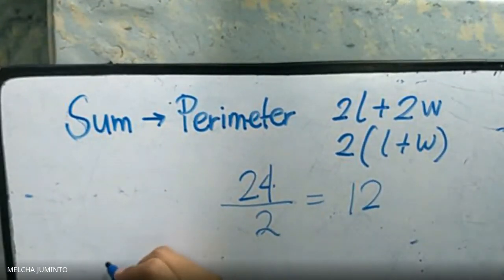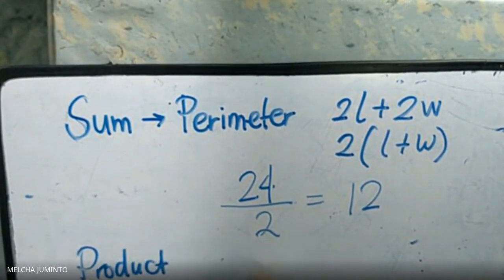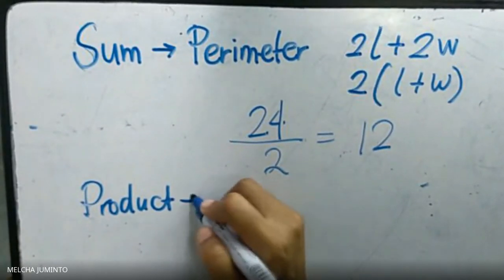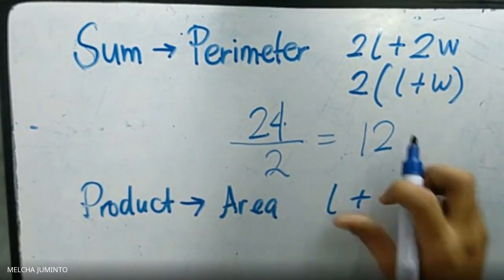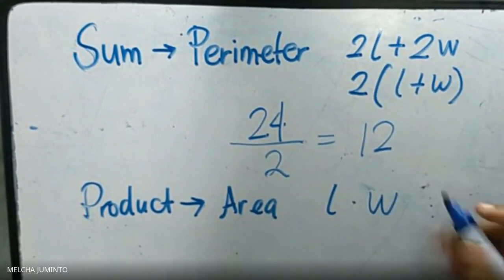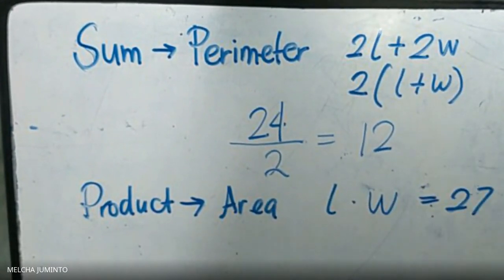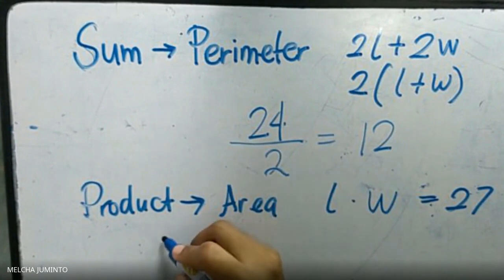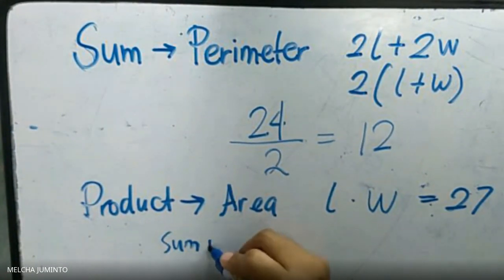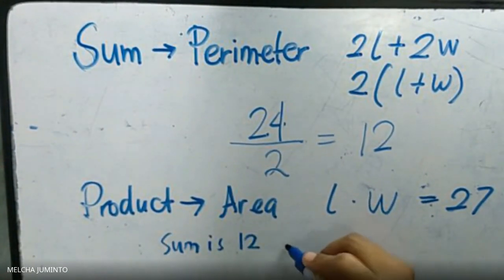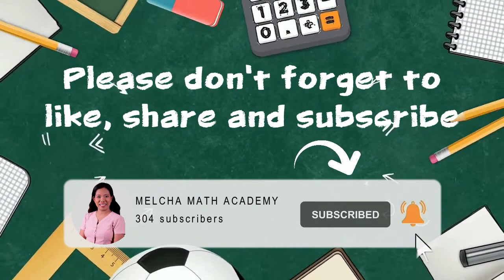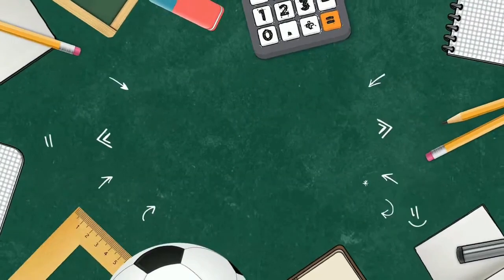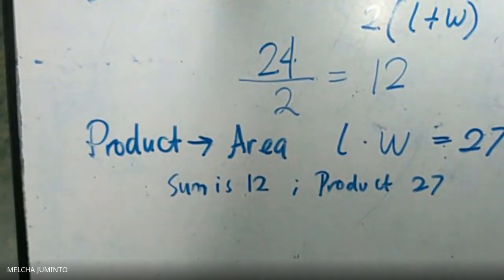And then the product means area, which is length times width. In this case, it is given to be 27. So the sum is 12. And then the product is 27. There are two numbers once you add 12 and once you multiply 27.